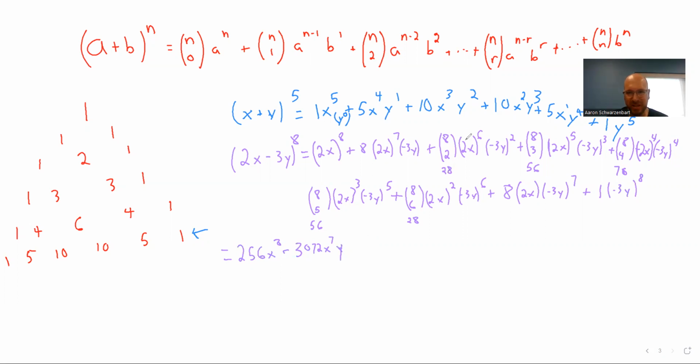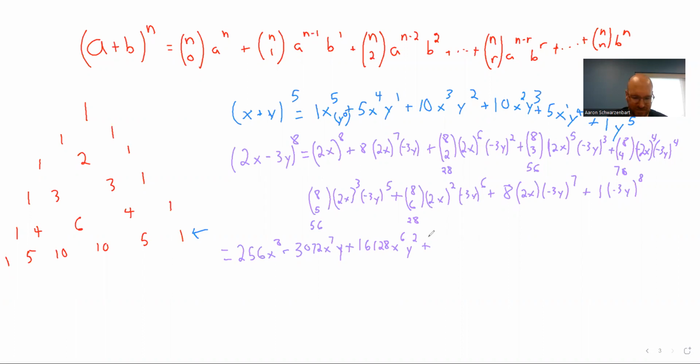So now I'm going to do 28 times 2 to the 6th times negative 3 squared. And that gives me a positive 16,128. Make that a little neater. 16,128 x to the 6th y squared.